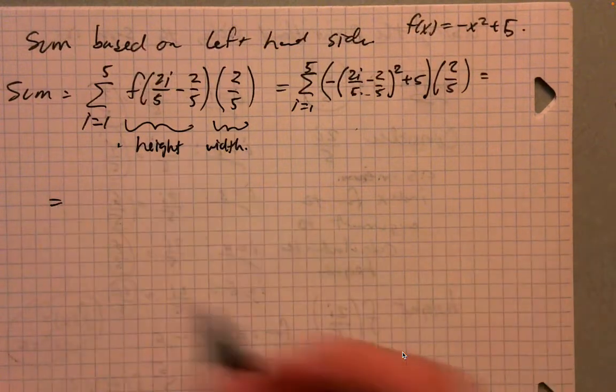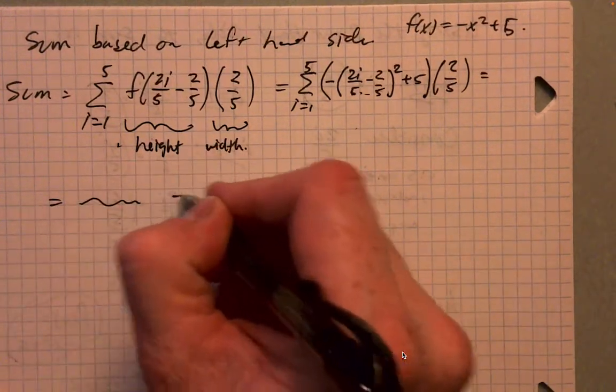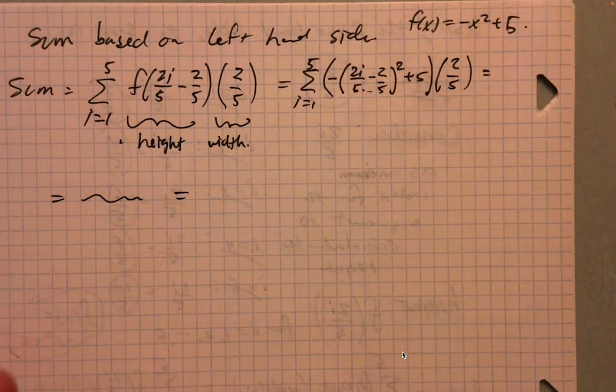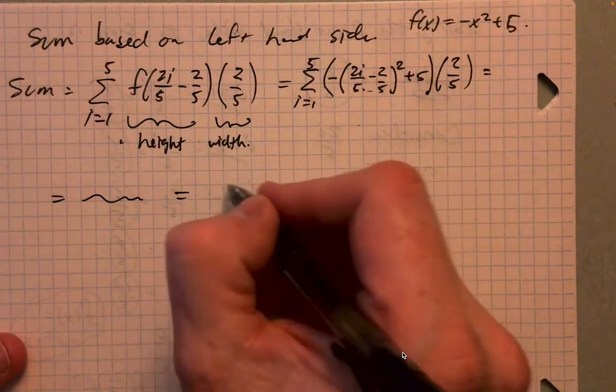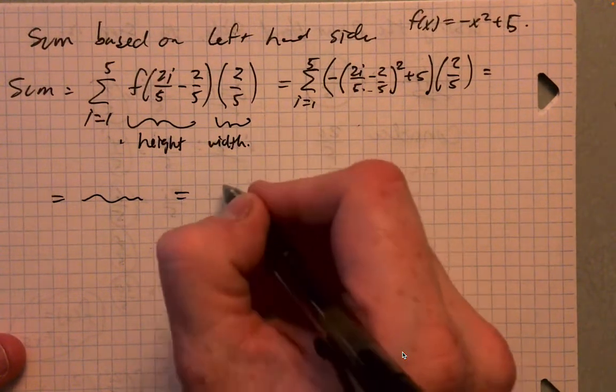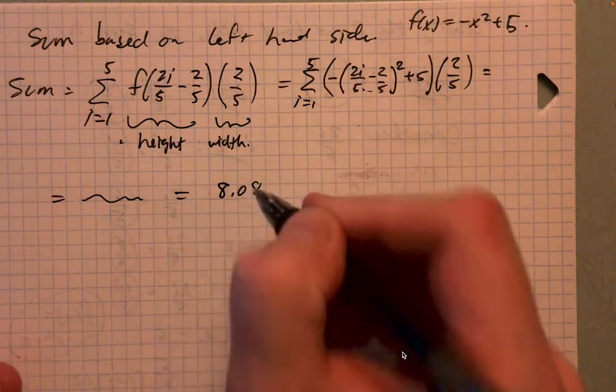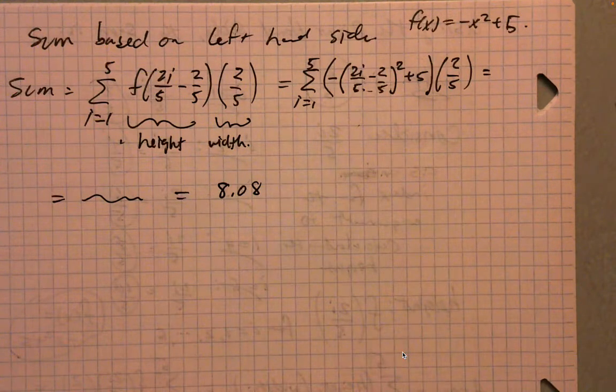There'd be a fair amount to do, so I'm going to skip it in the interest of time. But what you'd end up with, and I did this off to the side, is approximately 8.08.